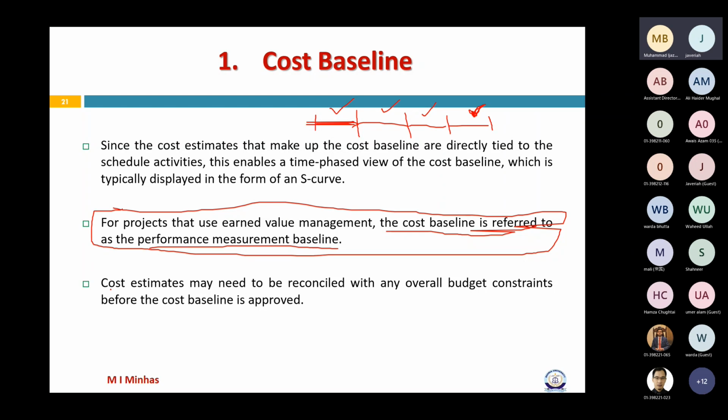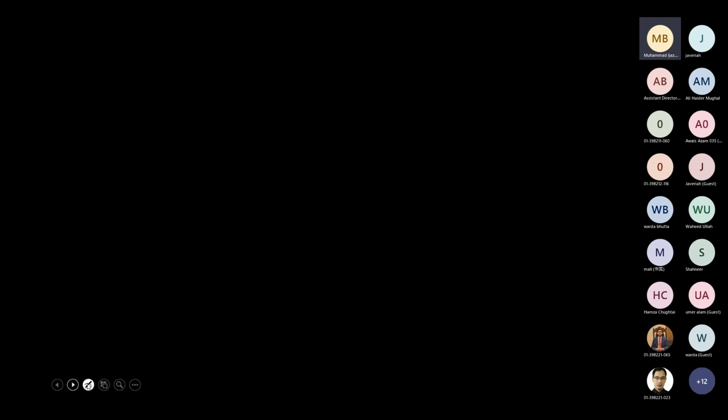Okay. Now, cost estimates may need to reconcile with overall budget constraints before the cost baseline is approved. Look, there are two types of constraints that can be there in the charter. For example, like in that hostel project, we were allowed in the charter that you cannot use more than 7 million. That was our overall budget.